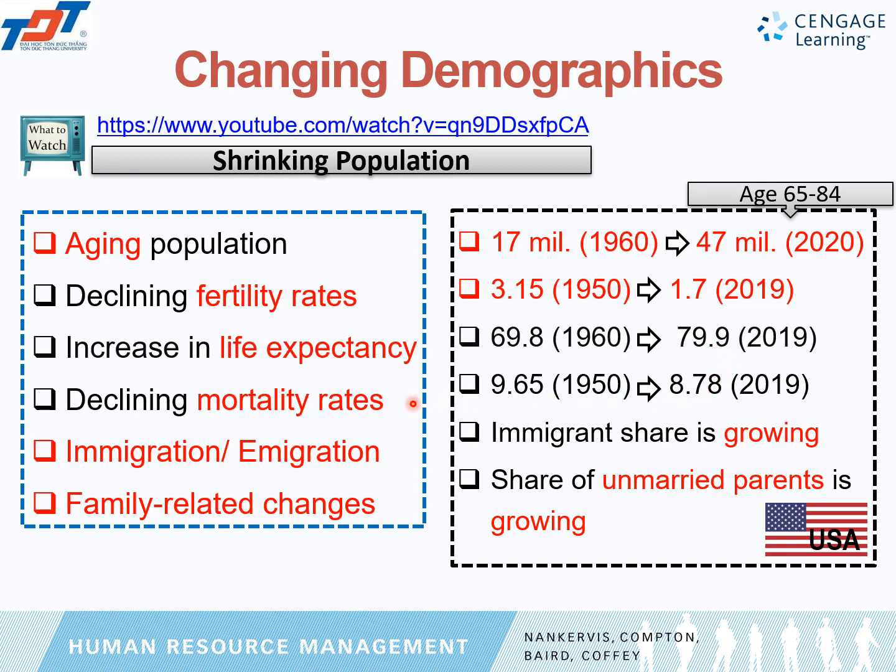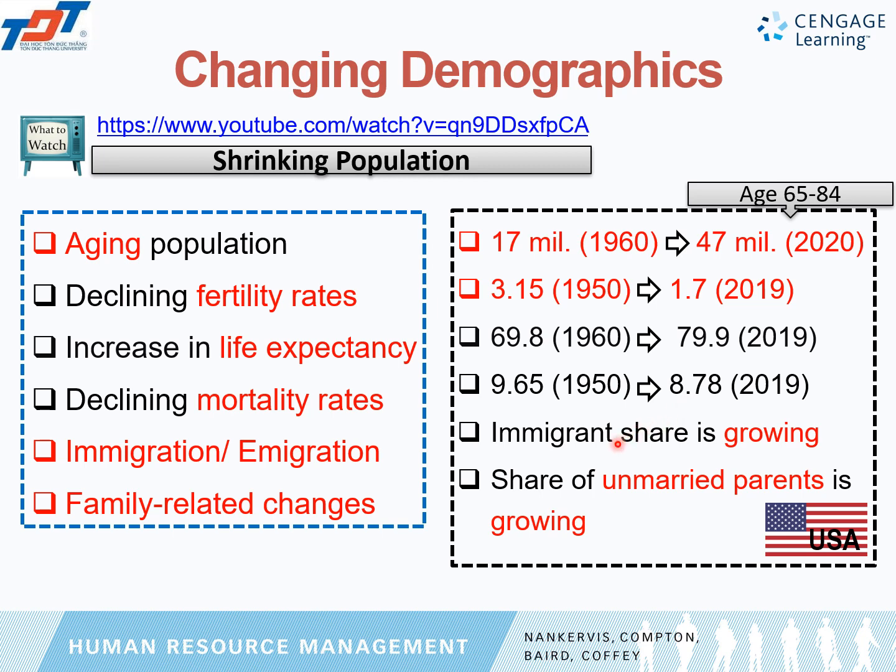As we also mentioned, overall there is a general decrease in the mortality rates. So 70 years ago at birth it stood at around 9.65, whereas today it stands at 8.78.